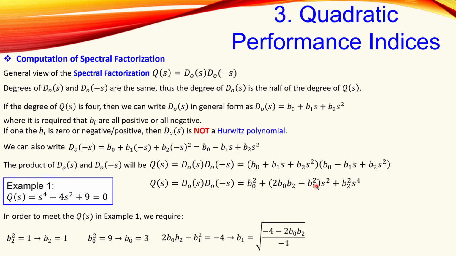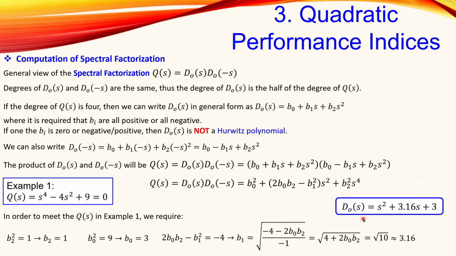So this one must be minus 4. If you work it out and substitute the values we have, we get the square root of 10, which is approximately 3.16. So this is exactly what we had also when we did it in another way, and we have our Hurwitz polynomial.